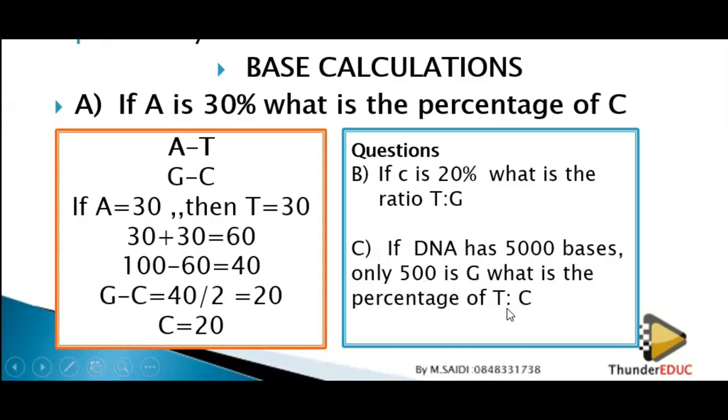Drop your answer in the description below, and then I'll come back to you when I see that there is a big challenge in that. If not, try to contact that number here so that you can be helped in case you don't get it. Or you can find your teacher and they'll be able to help you out.